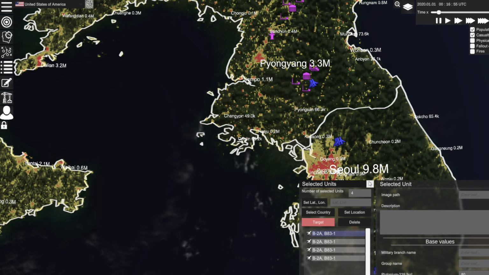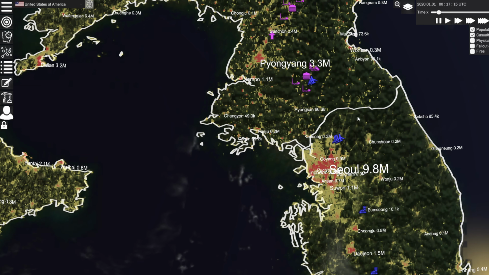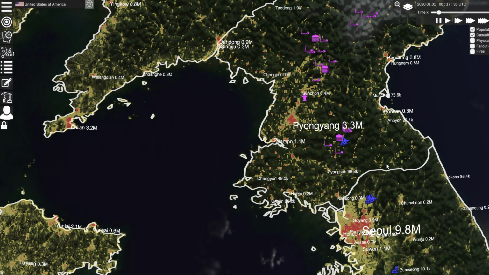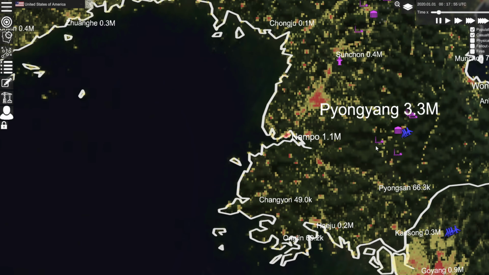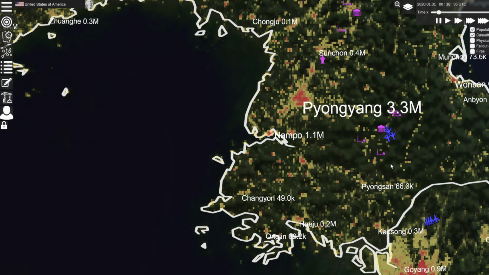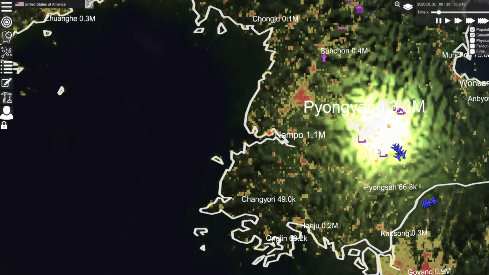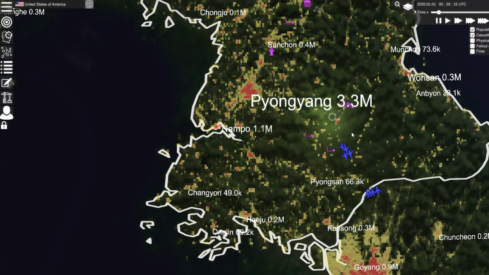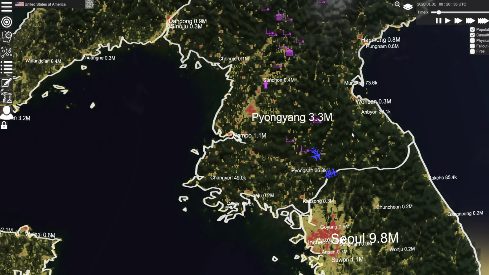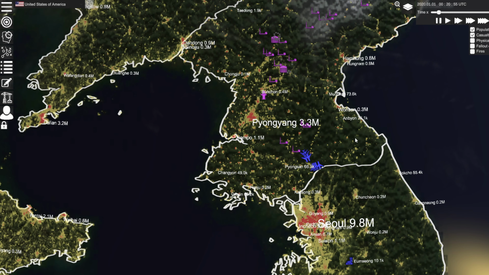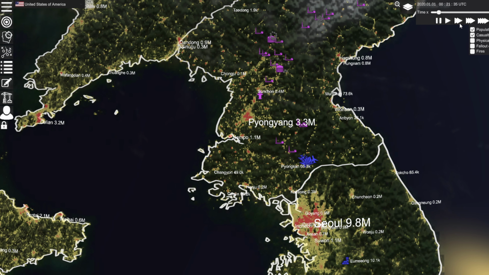And B-2s. Let's speed things up a little bit.